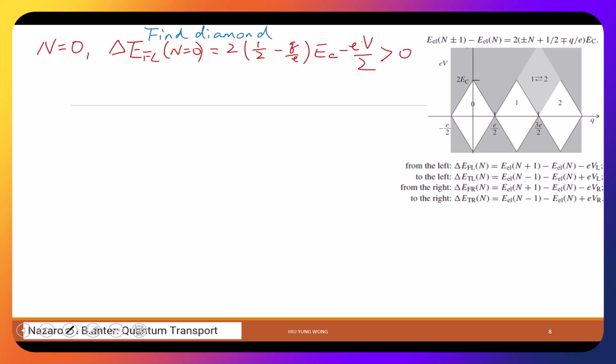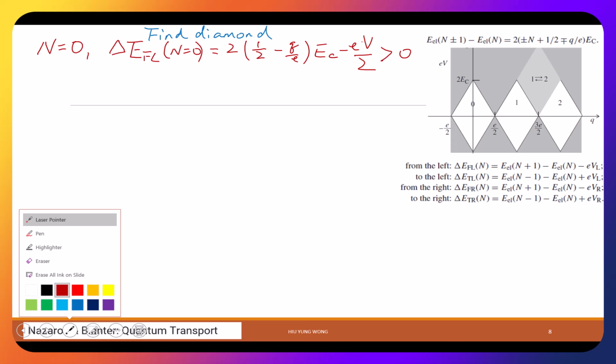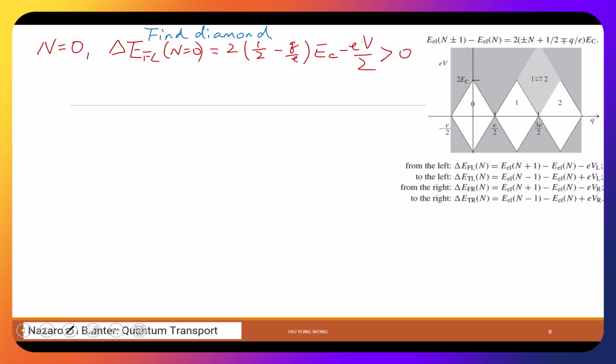Let's pause a little bit because the rest is just the same. Do you understand what I'm doing here? We start by saying I have zero electrons in the quantum dot. And now I want to know what is the area that will block me from having the tunneling. We have Coulomb blockade. Let me remind you again.